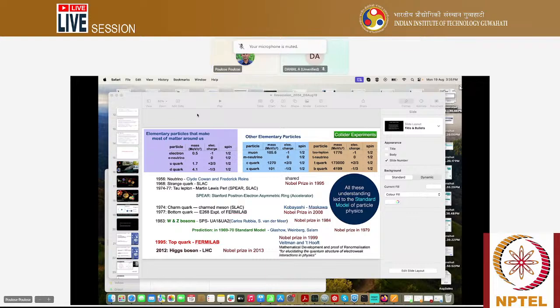So at the moment, this is the picture that we have. My idea is not to get into a detailed discussion of this discovery or the model itself, but just to give you a flavor of what's going on. So let me not digress, but let's say this is the picture that we have as far as elementary particles are concerned.